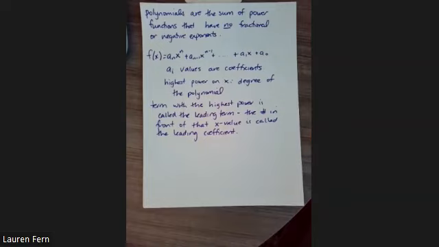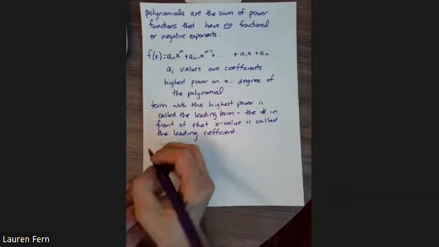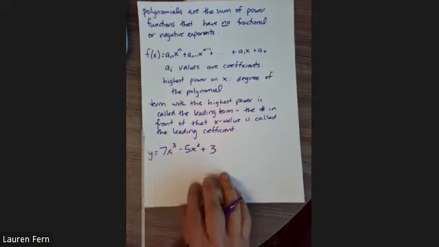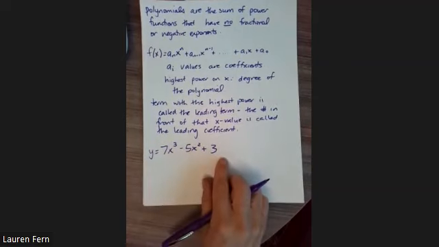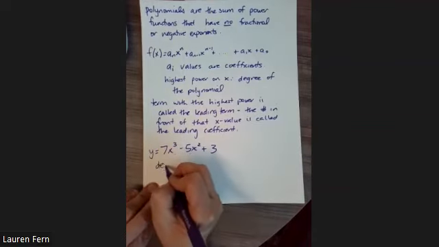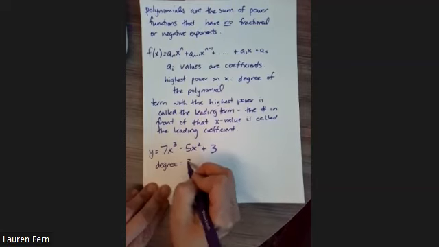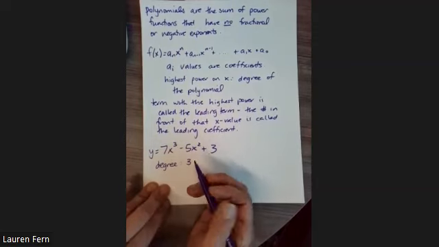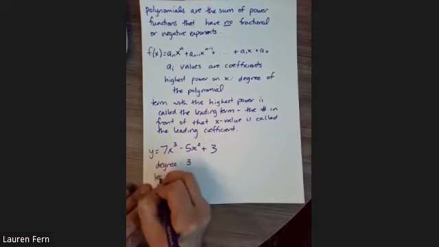Okay, so for example, I'm just randomly writing this polynomial down. Okay, I claim that this is a polynomial. This is the sum of three different power functions. What I would tell you is that this polynomial has a degree of 3 because that's our largest exponent.